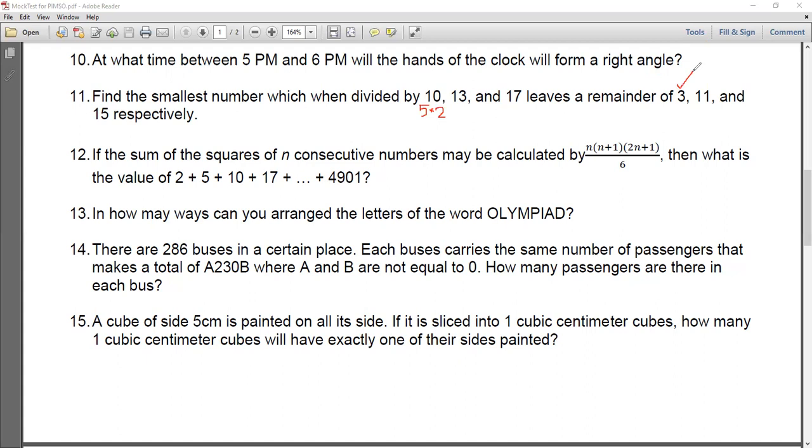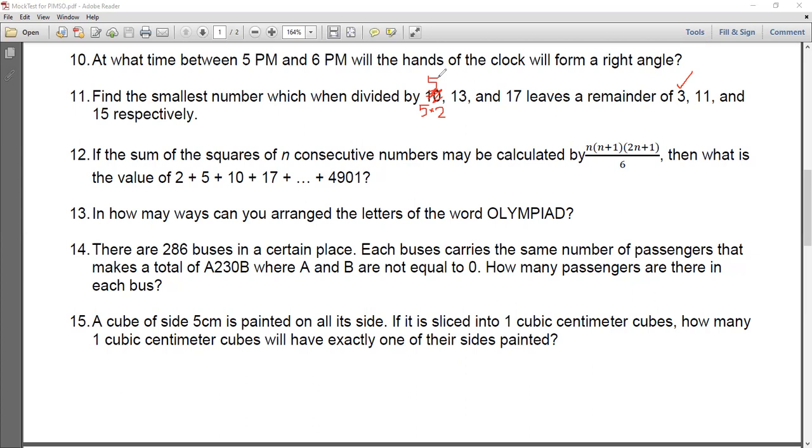So say for example, 13. 13 divided by 10, the remainder is 3. 13 divided by 5, the remainder is also 3. So the remainder will not be affected. So in this case, instead of 10, I'm going to use 5. So this is what we're going to do now.